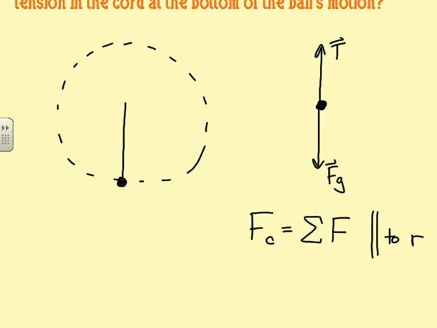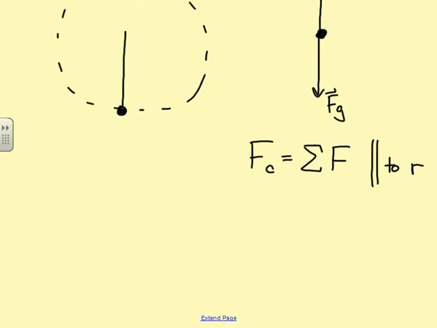So the sum of these two forces is equal to the centripetal force. In this case, the centripetal force points upwards. That's another important fact. So, centripetal force is equal to tension plus gravitational force.